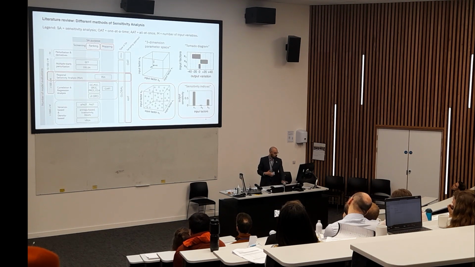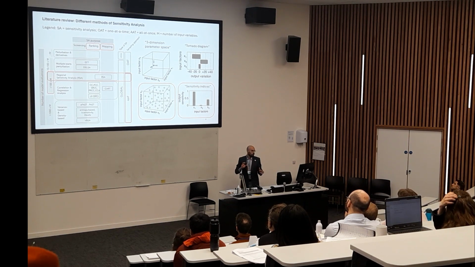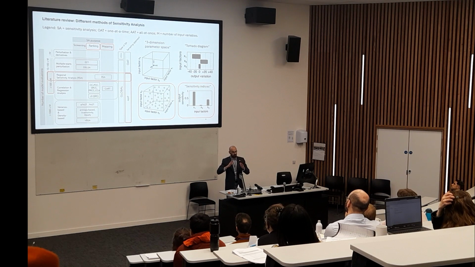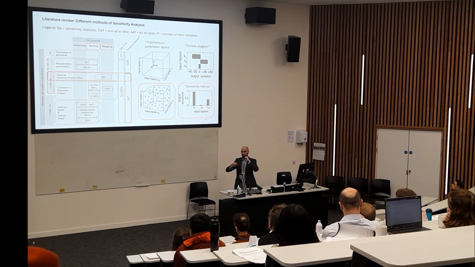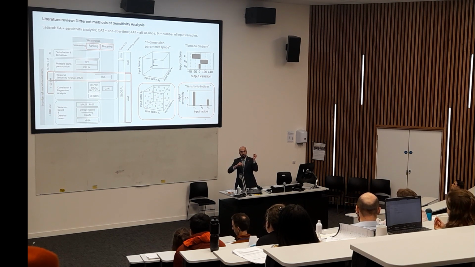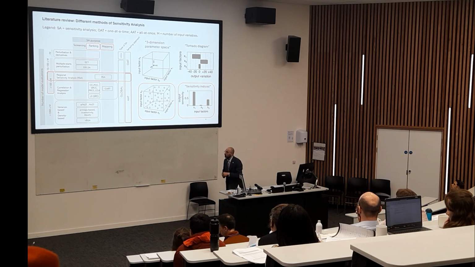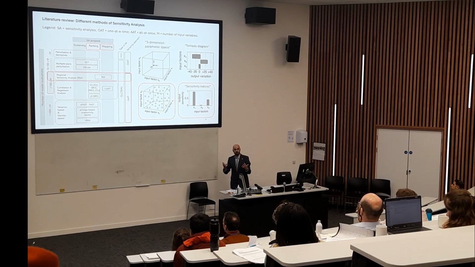So let me present a bit more of the literature review of what we did. Basically, you need to define the scope of your sensitivity analysis. Based on that, if you are interested in the derivatives of your model output, well, go for a local sensitivity analysis, and you can vary each random variable at once. But if you're searching for other things, right?